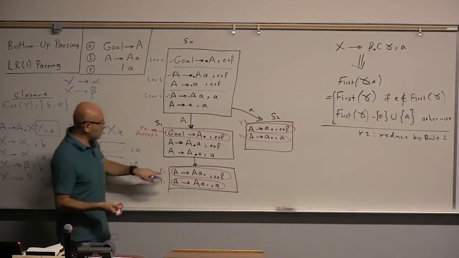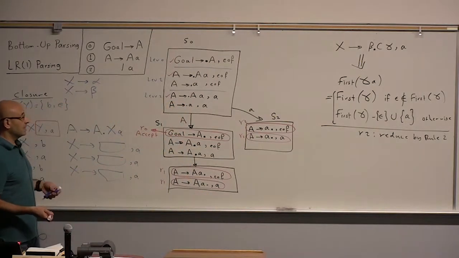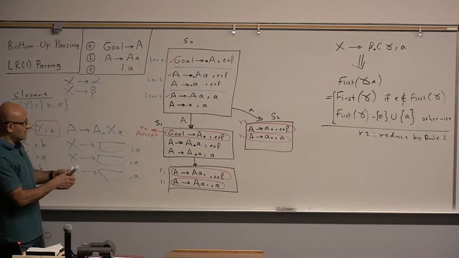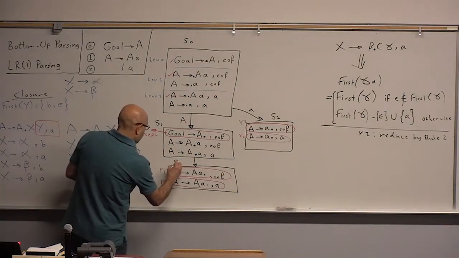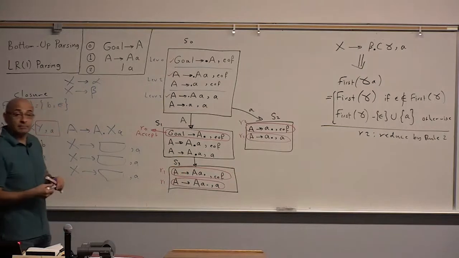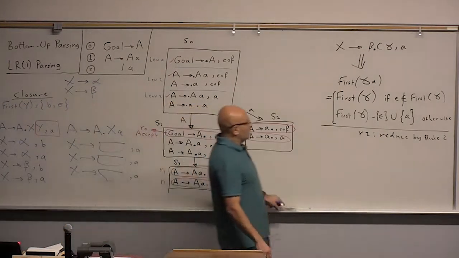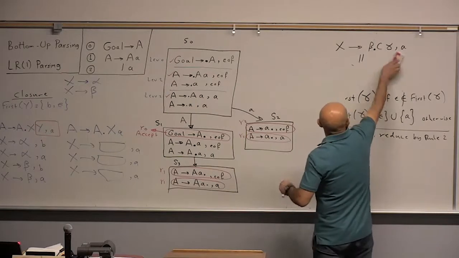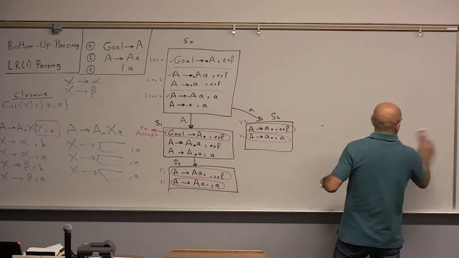Reducing by rule 1, reducing by rule 2, reducing by rule 0, which is an accept. Okay, and let's name this state 3. This is our state 3. Okay. So these placeholders are tracking our progress.